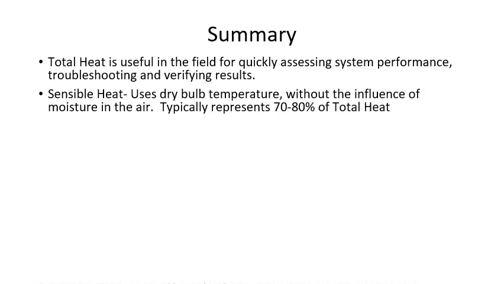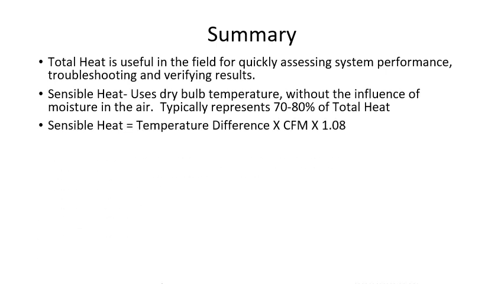Our sensible heat checks take into consideration the dry bulb temperature, but they don't take into consideration the moisture in the air. Typically, a comfort cooling system will remove 70% to 80% of the total heat of the system with sensible heat removal. And here's our sensible heat formula. Temperature difference times CFM times 1.08.